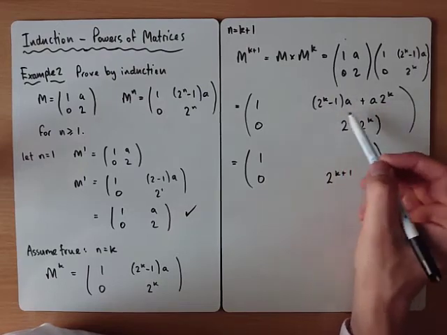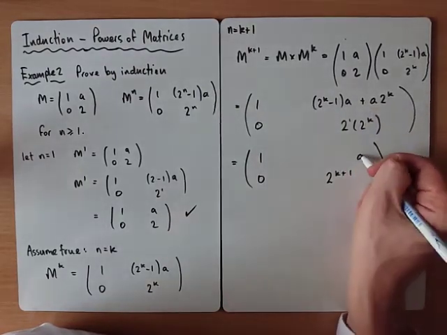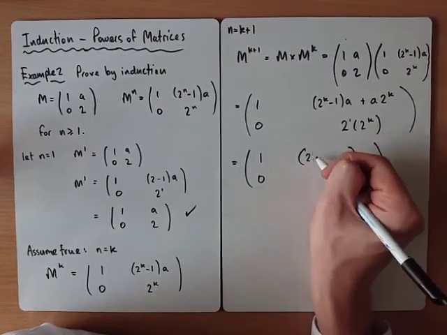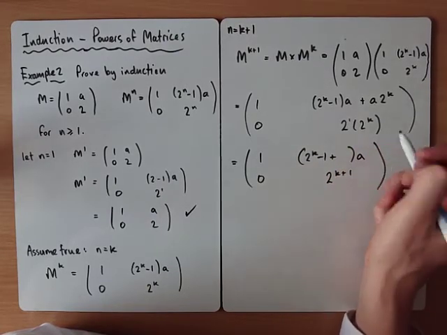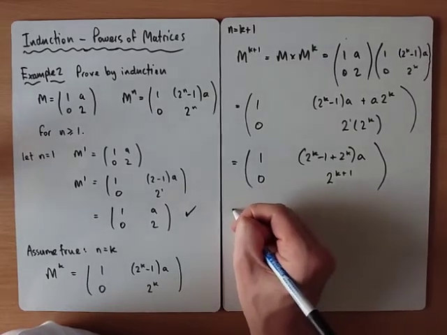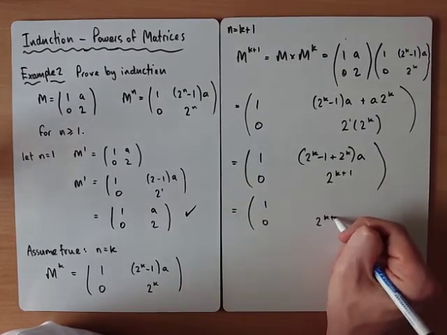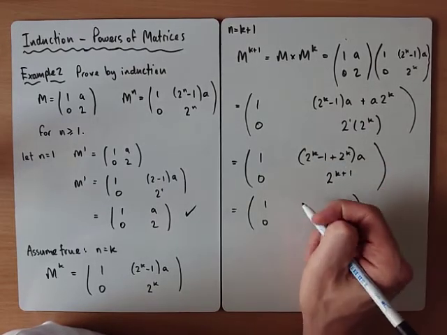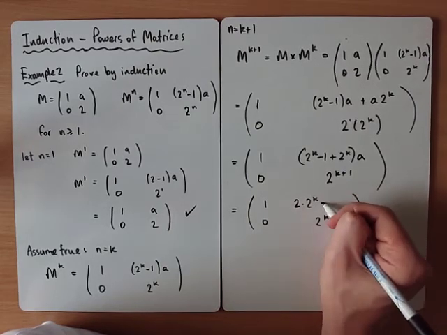Now look at what we can do here. We could expand this out, but again, I'm looking at the results. Common factor of a. If we take the common factor of a out of both, we've got 2 to the k minus 1 plus 2 to the k. 2 to the k plus 2 to the k is 2 lots of 2 to the k.